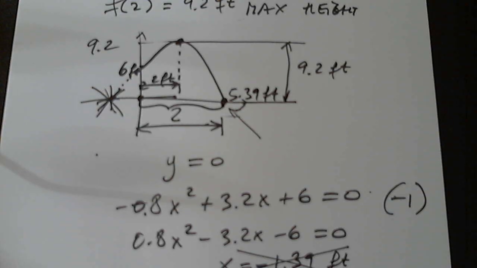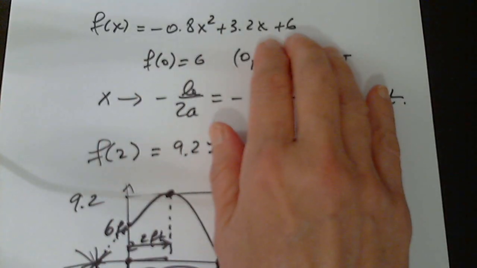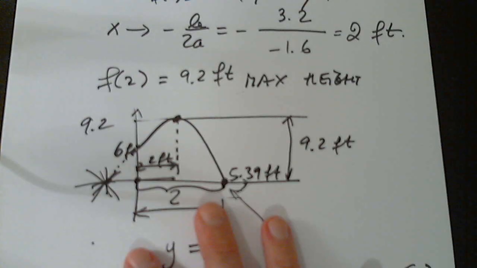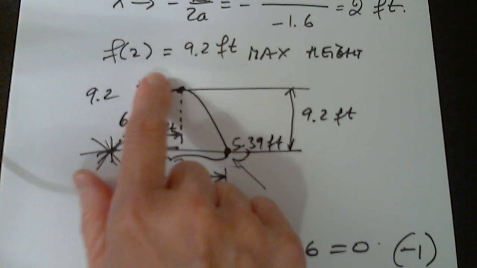Let's see what else they want. Graph the function. Thank you. You're too late. We already did. Any questions on this problem? If we're given a quadratic function and we're asked to find the maximum or the minimum, this is the key, the vertex.